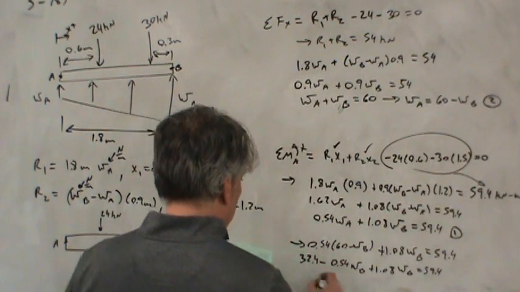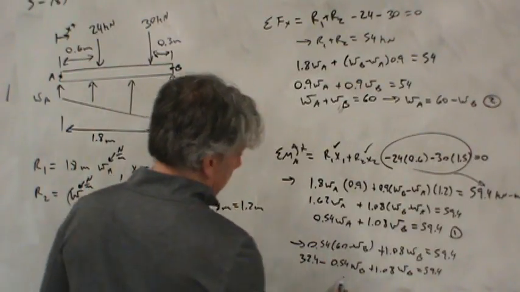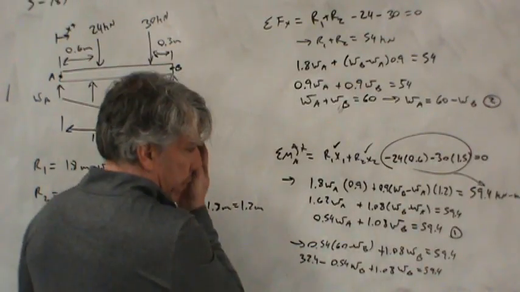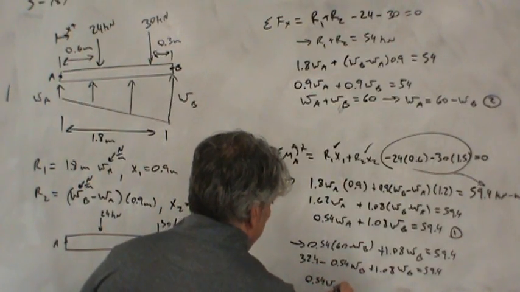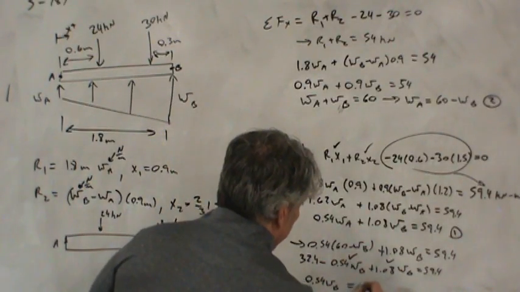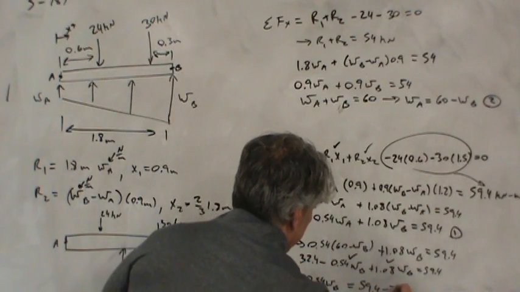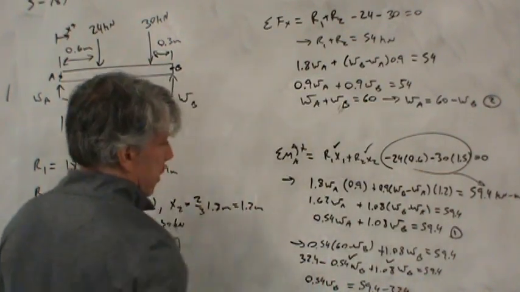And so we can say then that 1.08 minus 0.54 is actually 0.54. So 0.54 WB, that's this term and this term together, equals 59.4 minus 32.4, just moving this term to the other side.